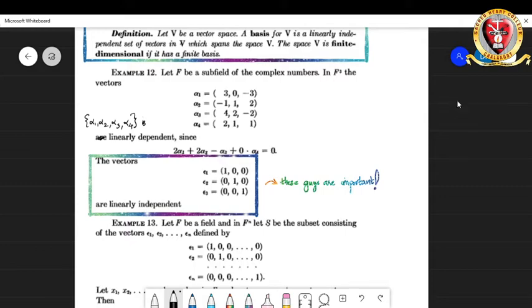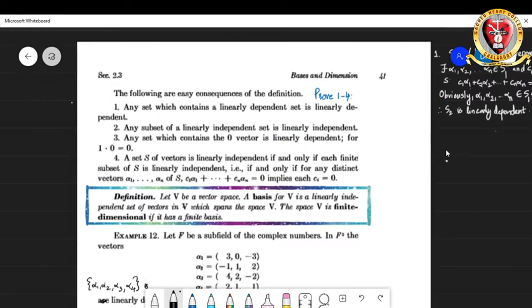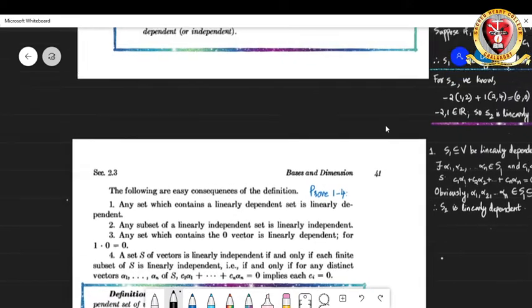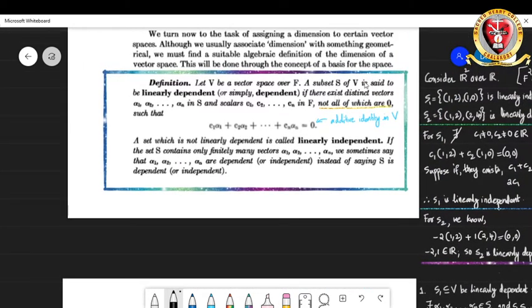See what was our definition: a subset is said to be linearly dependent if there exist distinct vectors alpha 1, etc., alpha n, and scalars c1, c2, etc., cn, not all of which are 0.